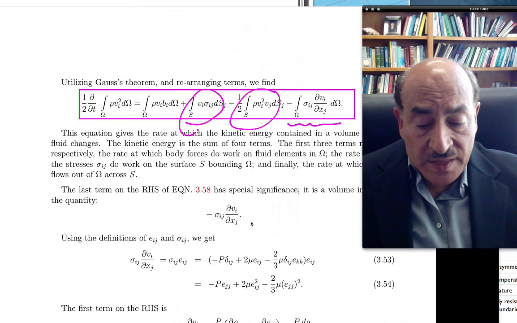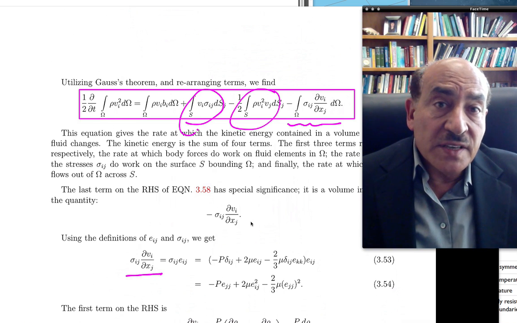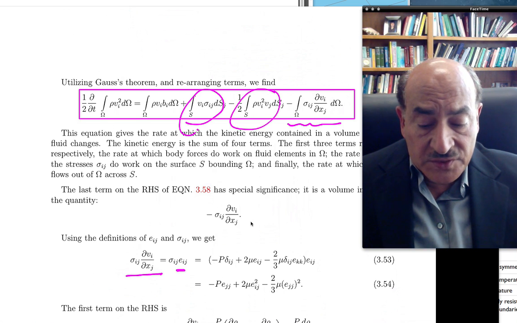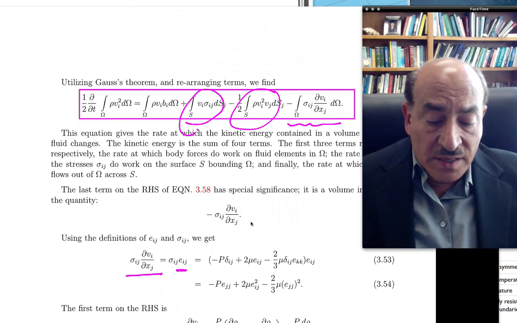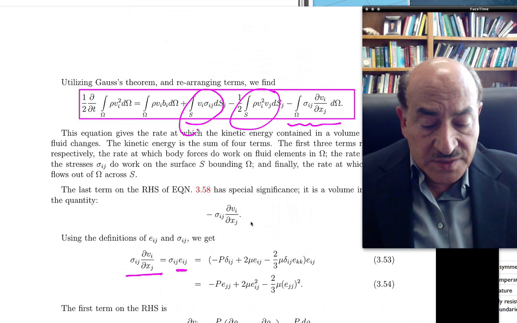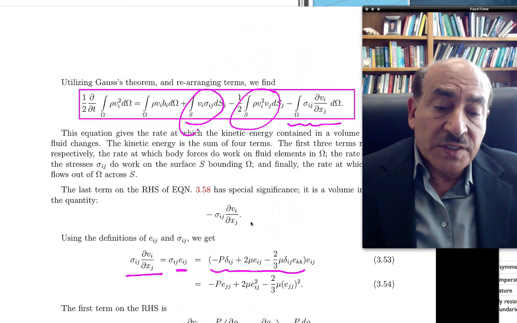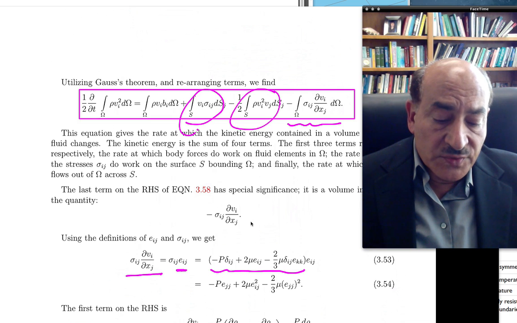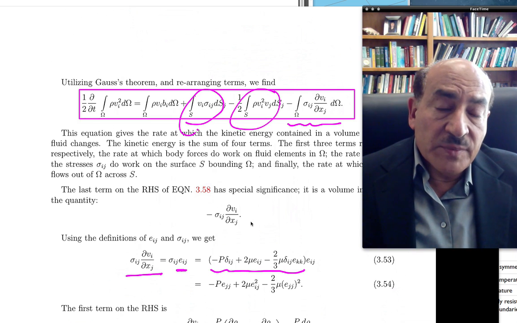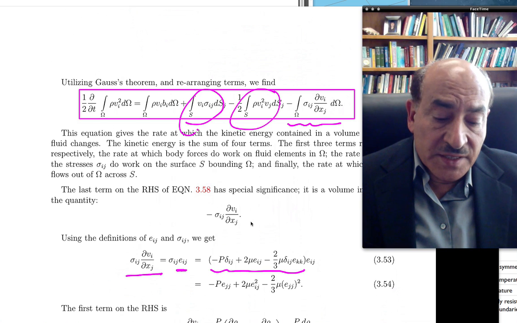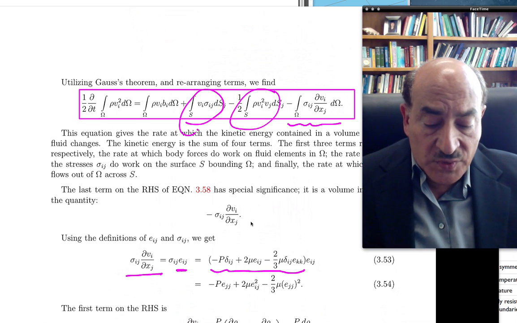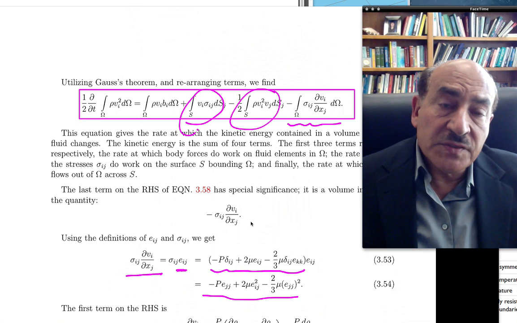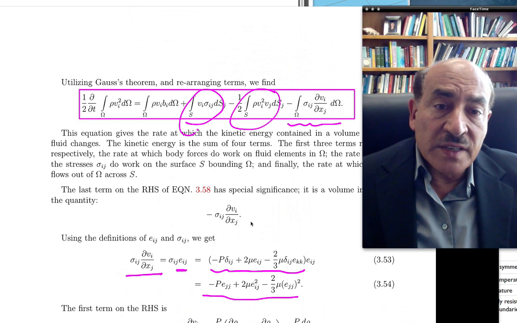That is sigma ij times dvi by dxj, and this is the strain rate, Eij, which we can express. Sigma ij is the stress tensor, which is over here. It has the pressure and the viscosity terms that we derived before, and we multiply by the strain rate tensor, Eij. We obtain this equation 354 for the last term.